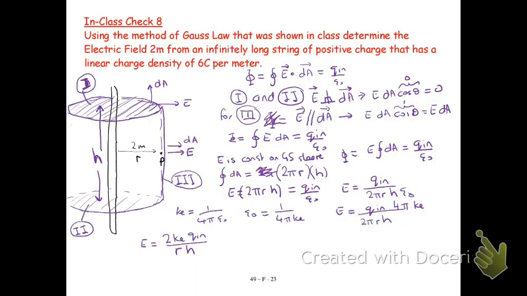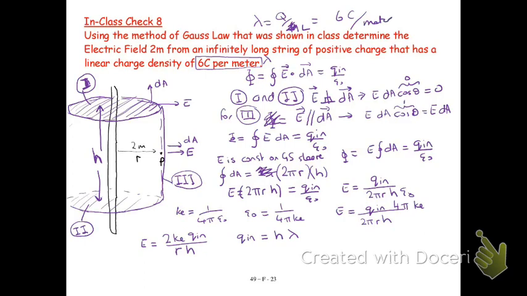Now, Q inside is equal to h times lambda, where lambda equals Q over h. Sorry, Q over L, that there is my lambda, which equals 6 coulombs per meter.